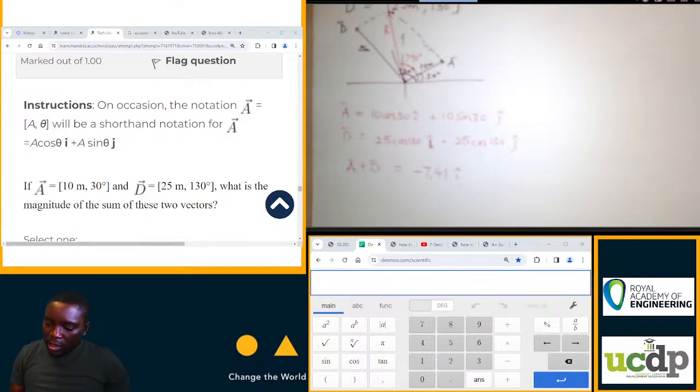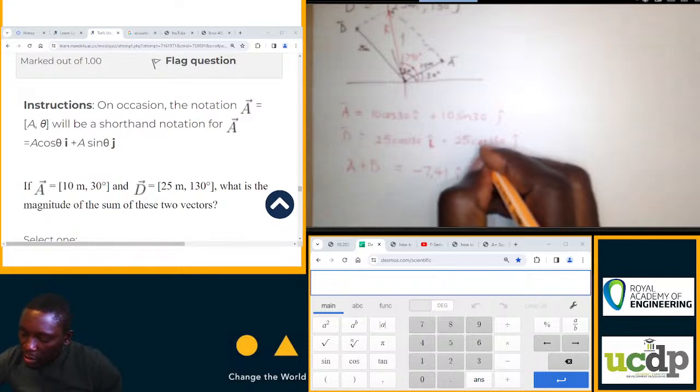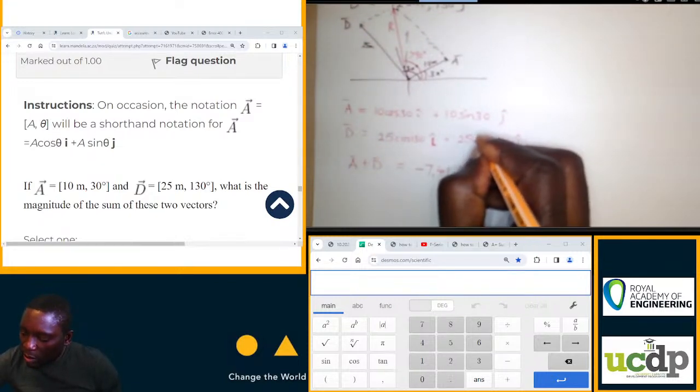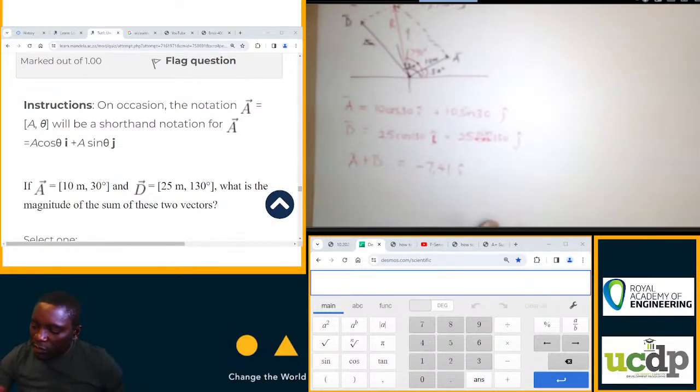Then we add 25 sin 130, sorry, this is supposed to be sin 130.